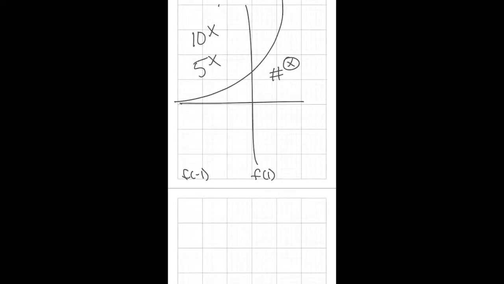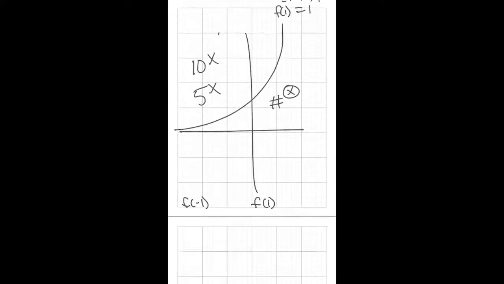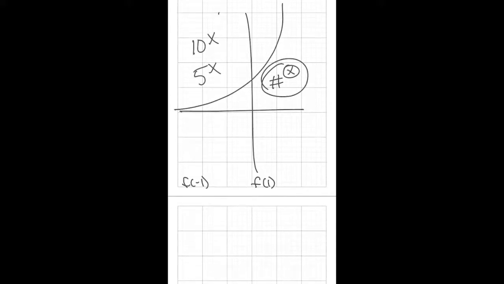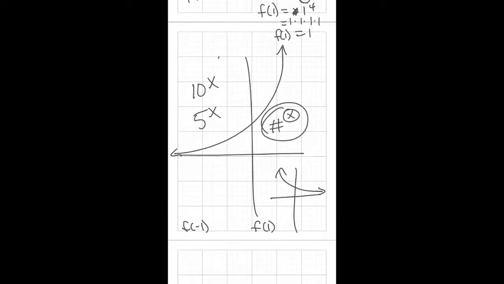Let's have a look at another type of graph. All right, and y'all screenshot that if you need to too. It's going to be some number to the x when you see that signature shape. That signature shape can also look like this as well. But you'll know it. It doesn't want to go below 0, and it gets really big really fast and really small really fast.